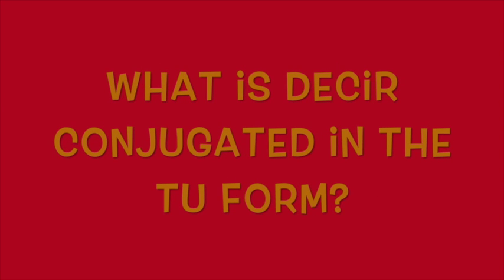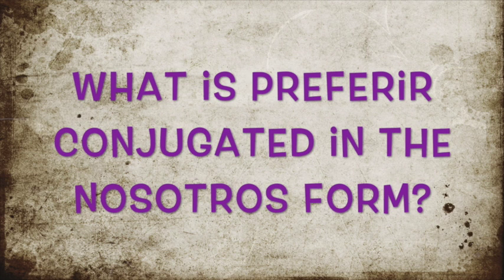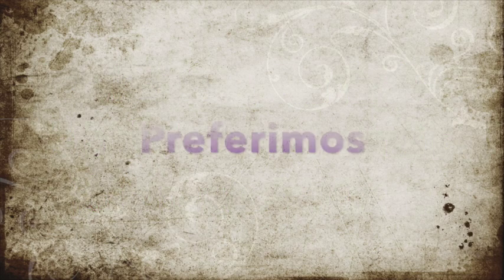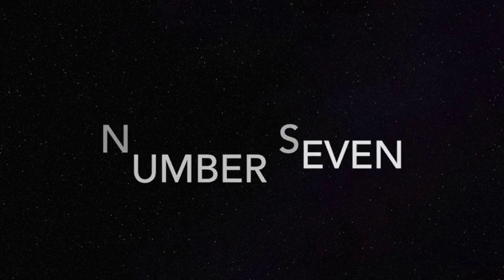Number 5. What is decir conjugated in the tu form? You got it. It is dices. Number 6. What is preferir conjugated in the nosotros form? Trick question. It is preferimos. Number 7.